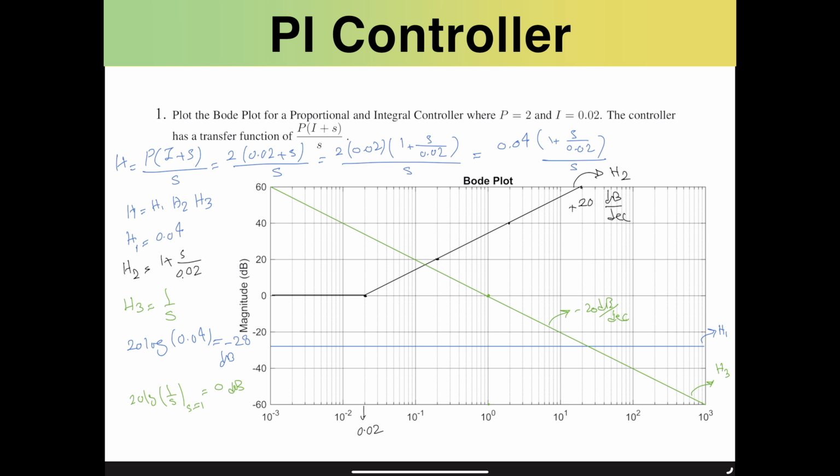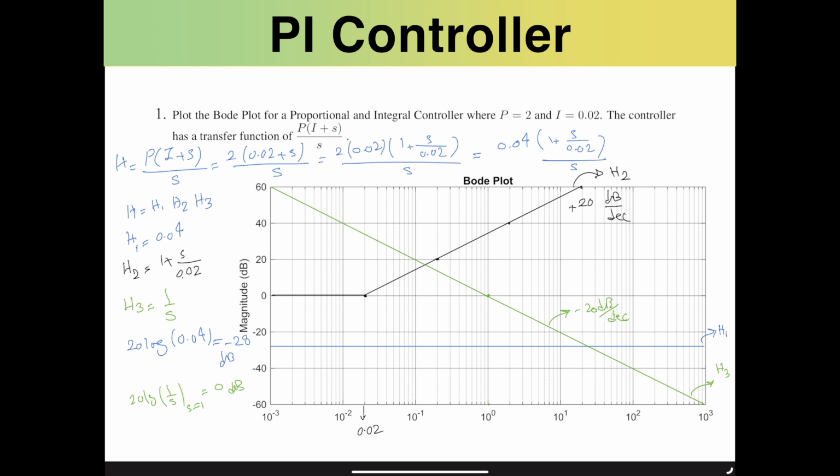So essentially, this blue line is a constant value, and the value is minus 28. This one is 0, and this only offsets all of the characteristics by 28 dB in the negative direction. So now that we have 60 dB at the frequency of 10 to the minus 3, we need to bring it down to about minus 28 dB lower.